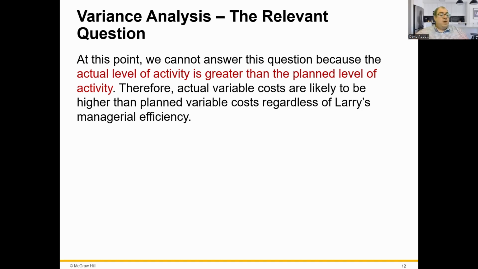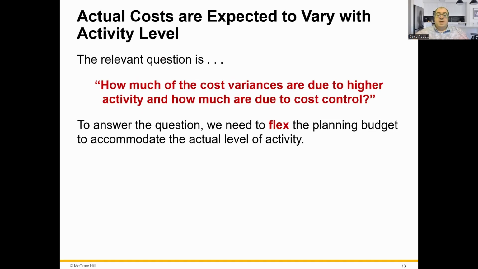At this point, we cannot answer this question because the actual level of activity is greater than the planned level of activity. Therefore, actual variable costs are likely to be higher than the planned variable costs, regardless of Larry's managerial efficiency.